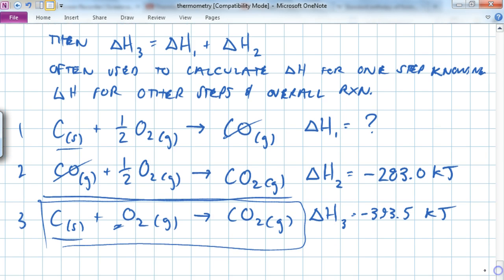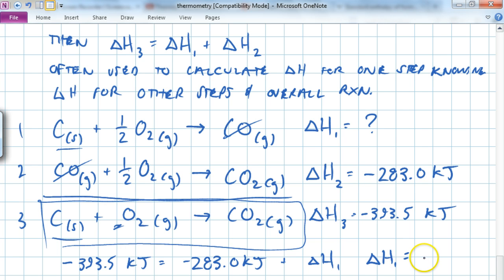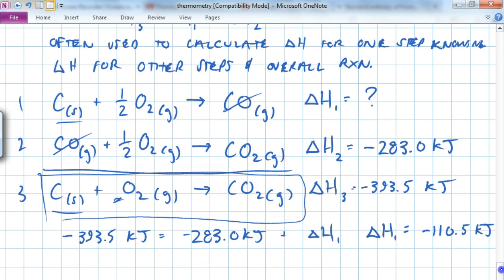Now, using Hess's law, what we're saying is that negative 393.5 kilojoules is equal to negative 283.0 kilojoules plus delta H1. And so we can solve for delta H1, and we find out that it is negative 110.5 kilojoules.